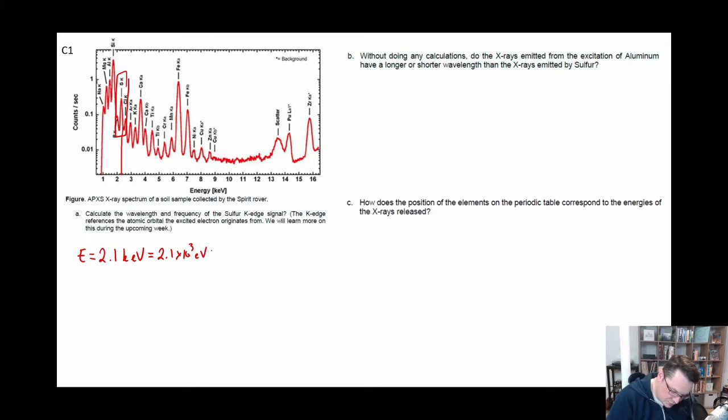What we can easily do is use the equation that we used in the past to calculate everything. So this is equal to h nu, where h is Planck's constant and nu is the frequency. If we want frequency, it's going to be the energy over Planck's constant, so h over e.